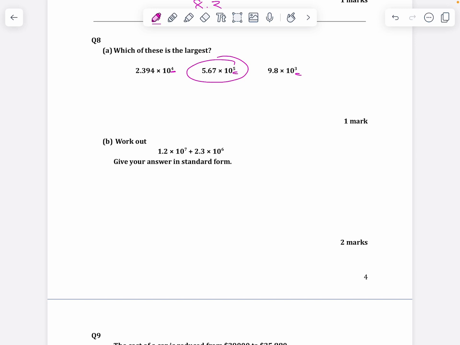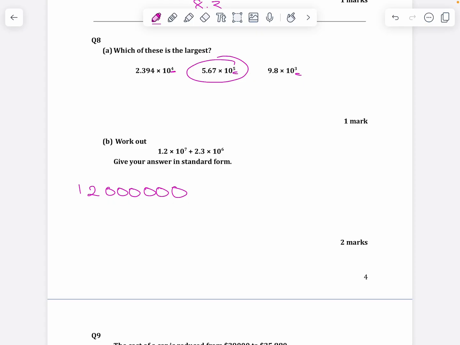Okay, work out 1.2 times 10 to the power 7 plus 2.3 times 10 to the power 6. There are 2 ways you could do this. You could turn it back into an ordinary number, which would give you 1, 2, and 1, 2, 3, 4, 5, 6 zeros.